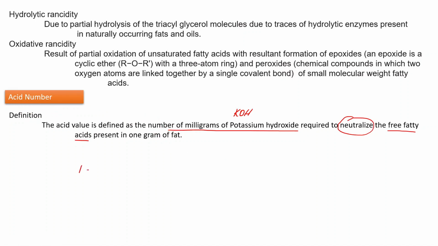So once more, 1 gram fat, if it contains free fatty acid, we are neutralizing it by adding KOH. So, how much amount is required to completely neutralize the available free fatty acid? That amount, that number is acid number.